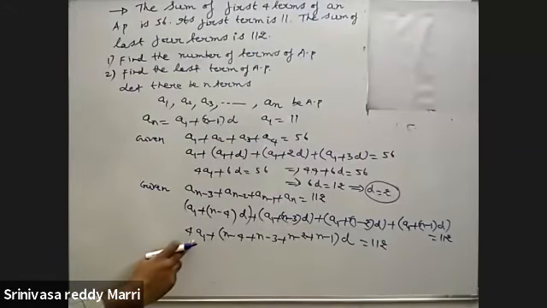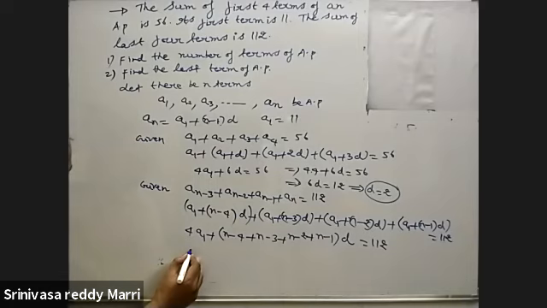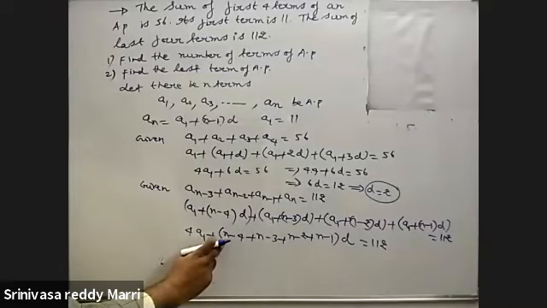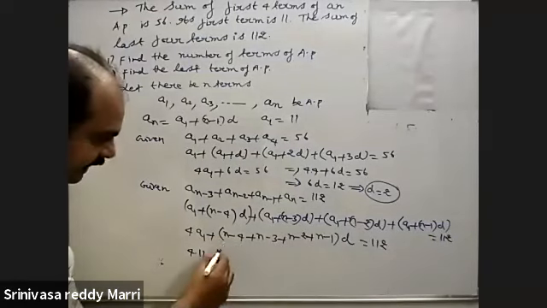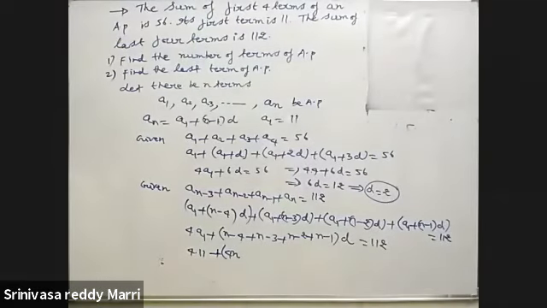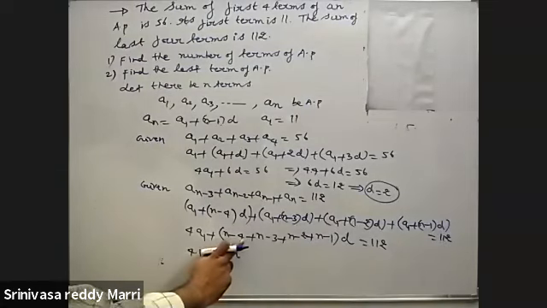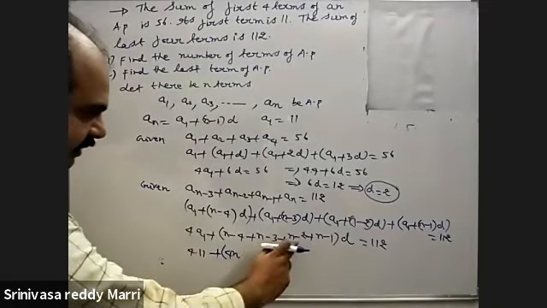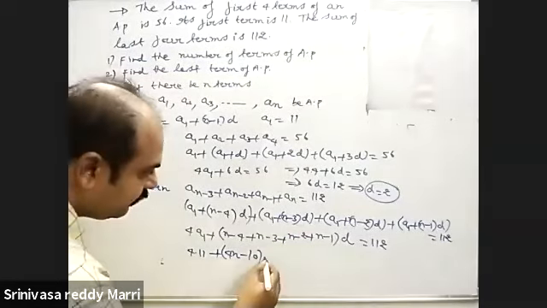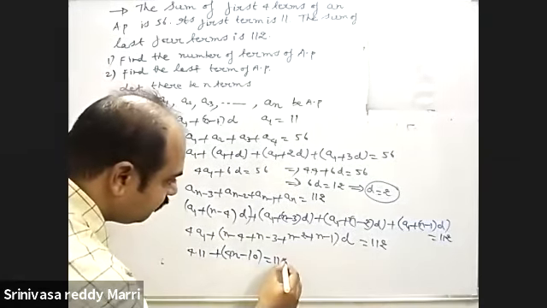So 4A1 means 4 into 11, plus the sum of the n terms, 4n minus (4 plus 3 plus 2 plus 1), that is 4n minus 10, equal to 112.